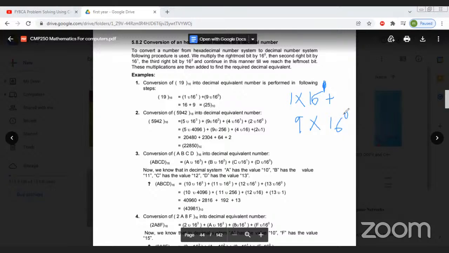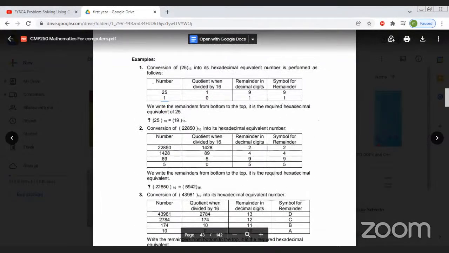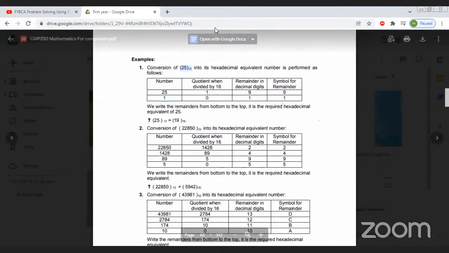Anything raised to 0 is 1. So 16 plus 9 is nothing but 25. If you have to cross check it, you can see the hexadecimal value is 19 and the decimal value is 25. In the earlier example which we solved, the decimal value was 25 and the hexadecimal value is 19. Did you understand this part?